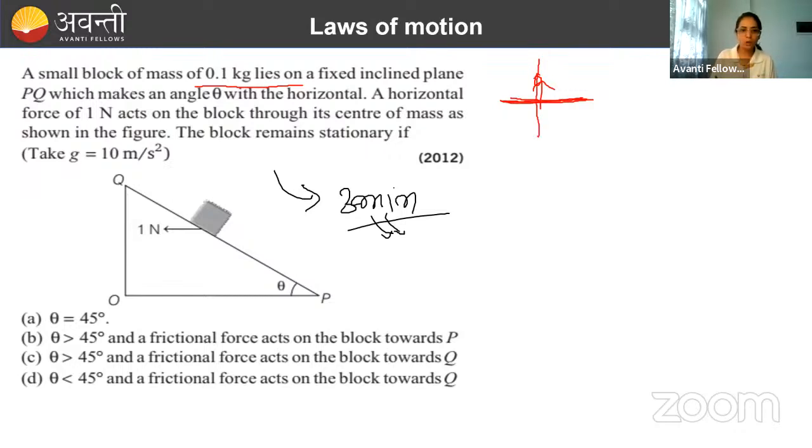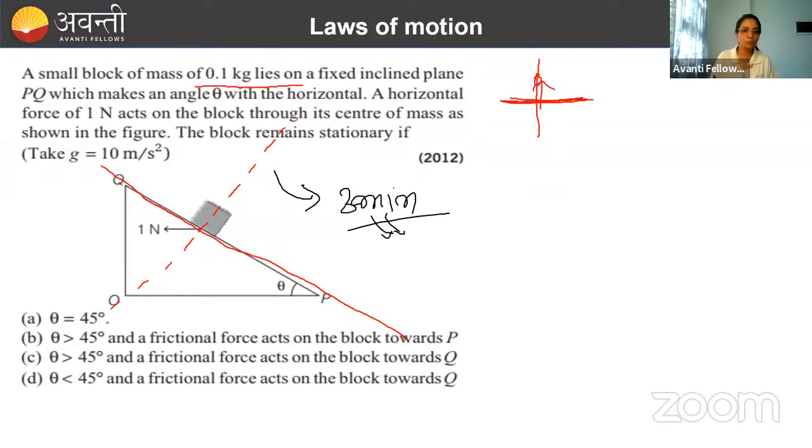Similarly here, this block can slide down the inclined plane. So suppose this is the x-axis and another axis is perpendicular to it. Along these two lines, you have to break the forces.